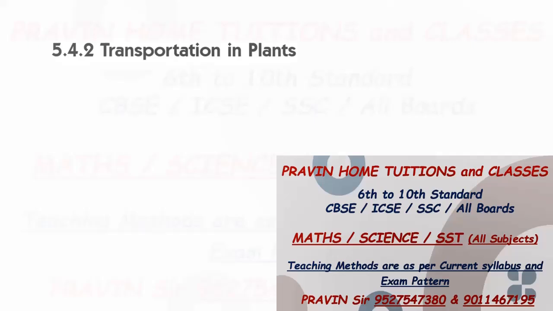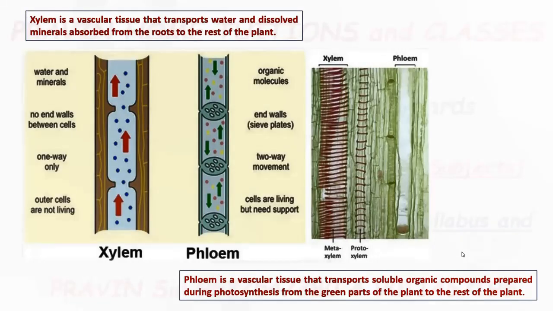This transportation in plants takes place by two different tubes. One is xylem and another is phloem. This is the structure of xylem and phloem. And here I have shown how movement takes place.